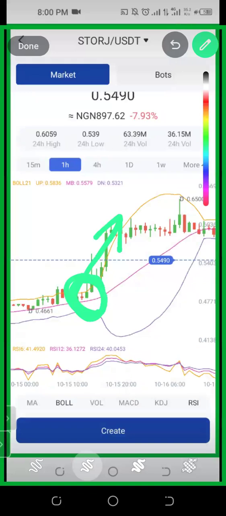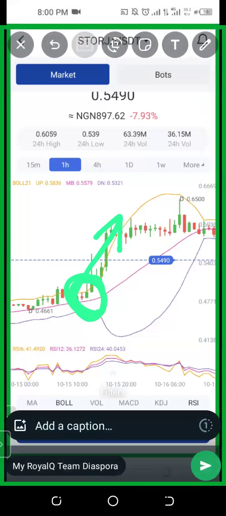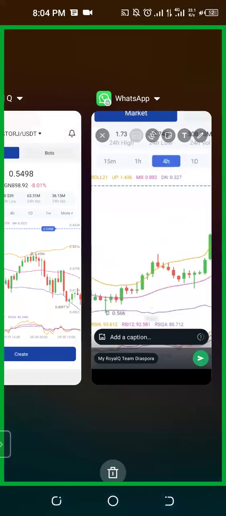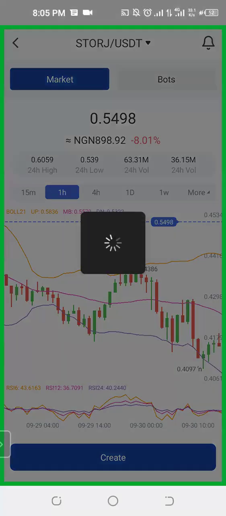If you now combine this bullish reversal candlestick pattern with your indicator, you see that they will conform, they will align. Let's check them with the indicators. You see that they will align together.